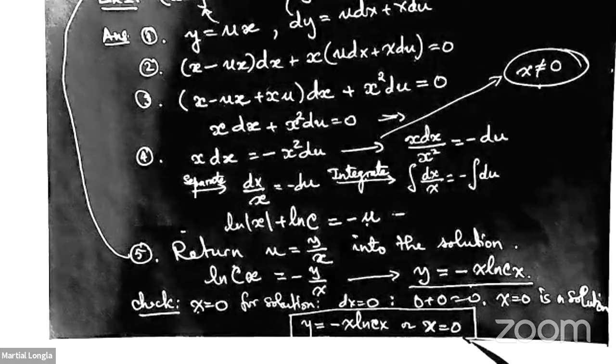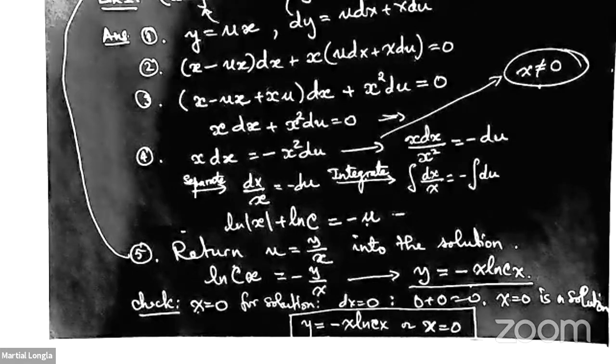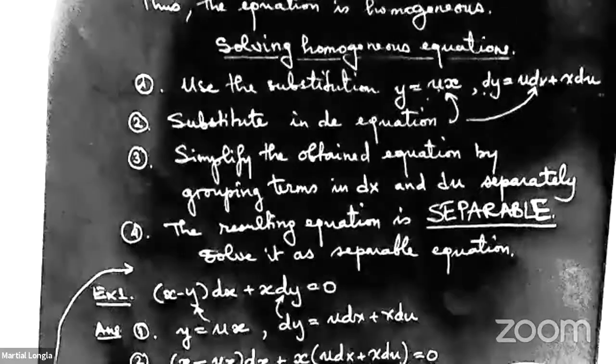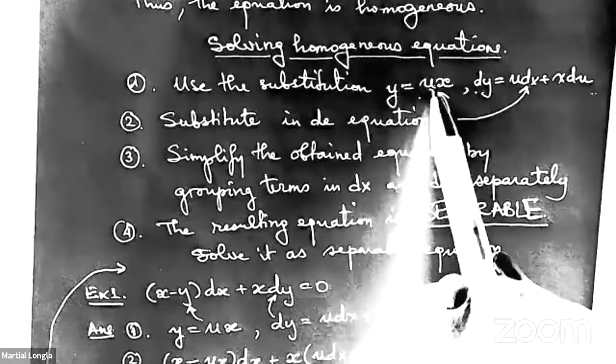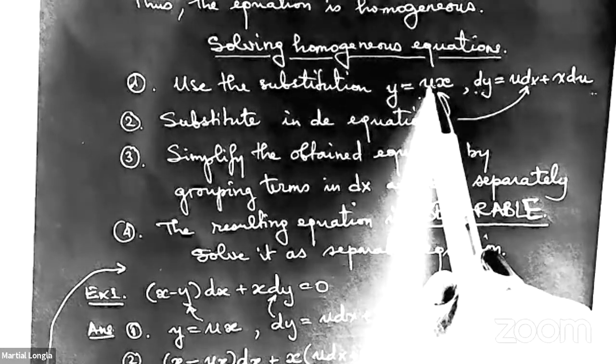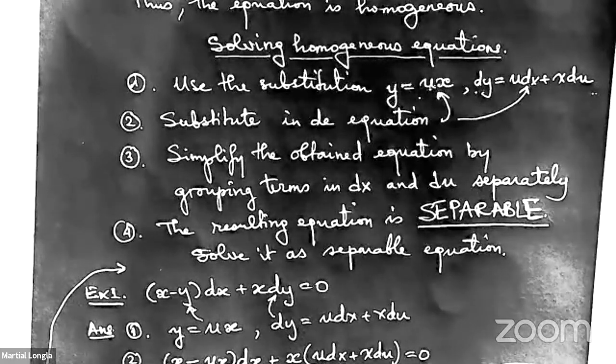Other than that, there's no other solution that you're going to be able to find that is not part of this. Why is that? Because the general theory here is just trying to find a u such that the function y will be u times x. Technically, you have no requirements on u. It's any function. And any function can actually be written as u times x.